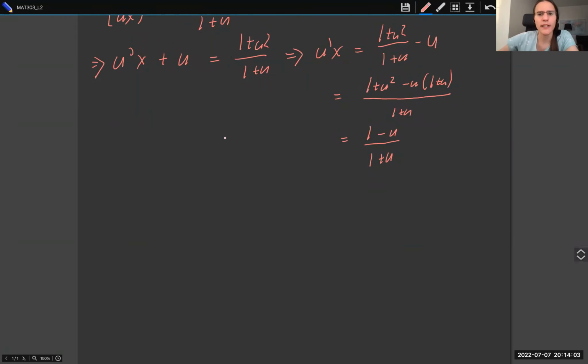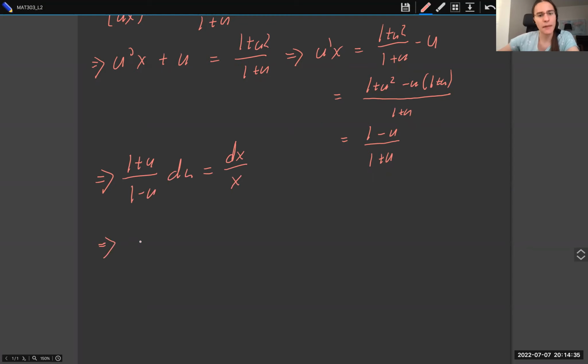So at this point, I've already asked this question several times. Looking at this equation, what kind of equation is it? Separable. Yep. So it's separating variables. I get 1 plus u over 1 minus u du is equal to, and look, there was a u prime x here, so I bring the x over to the other side, and I get dx over x, right?